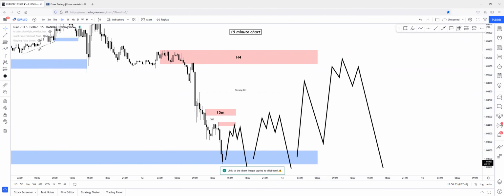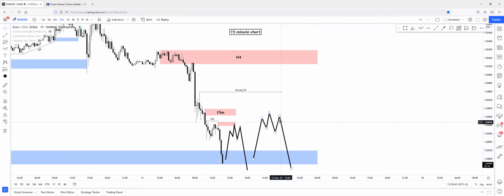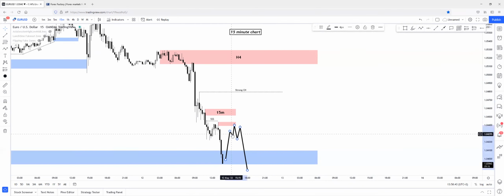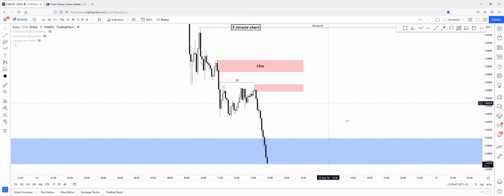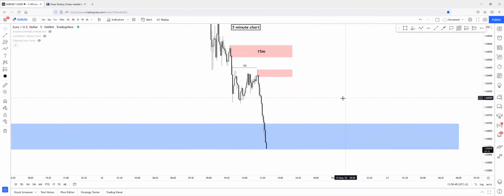Yeah, this will be the first markup because I want to send you the markups on the 15-minute chart. You will understand this because we talked about it in the session. So you just have to take a look at the markups and copy my chart.